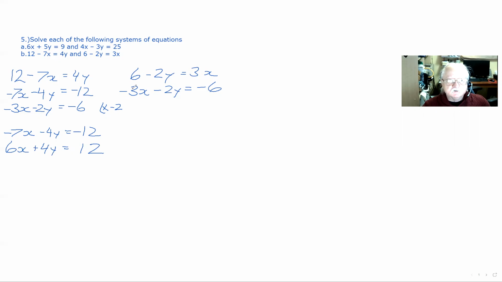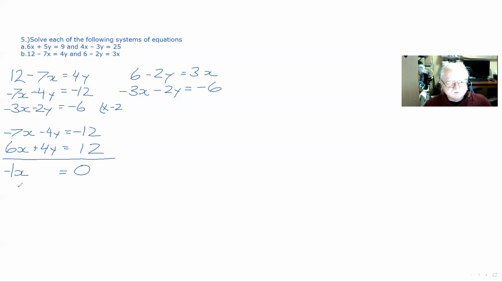That leaped over, and that has to be negative 6. Let's hope we're in good shape here. When we add this, negative 7 and positive 6 is going to become a negative 1x. The 4's cancel out, and this becomes 0.